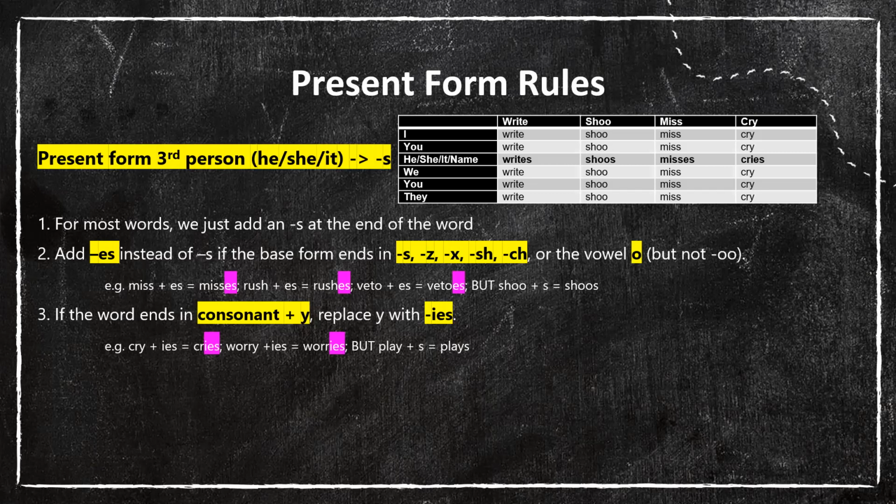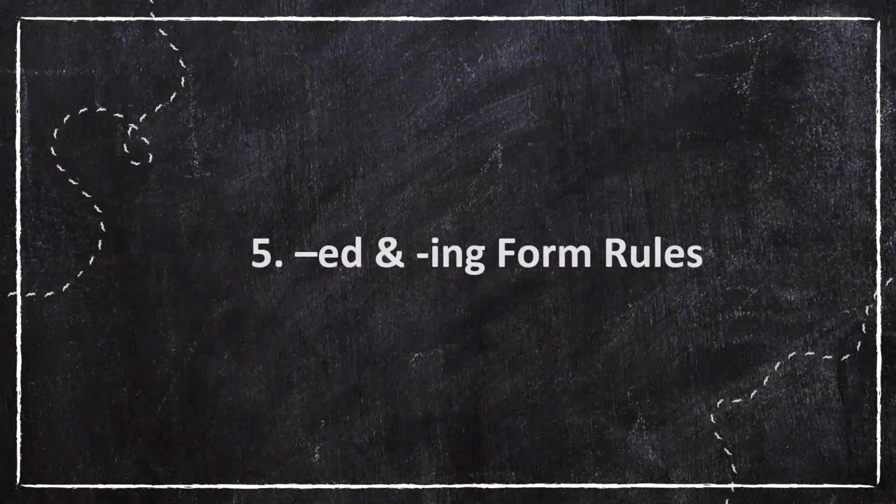But in the beginning, while you're still learning all of this, you need to know these rules so that it's easier for you to figure out how we form this, right? And maybe if it's written, it'll be easier for you to just go and look at it written and then use it. Next, we have some rules about ed and ing forms.